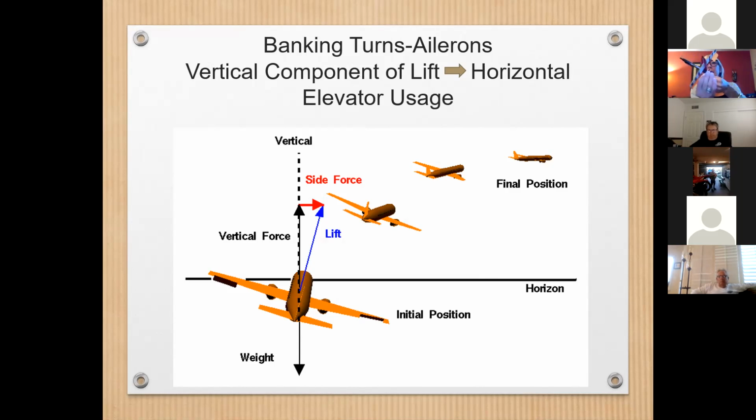It starts banking, and our vertical component of lift starts going out to the side. And so we actually have almost a horizontal component of lift. Now we're going to be descending. The nose is going to want to drop. So what we have to do is give it back pressure on the elevator. We have to raise the nose by moving the elevator up.